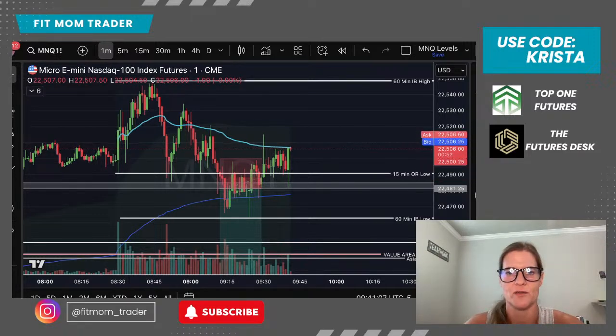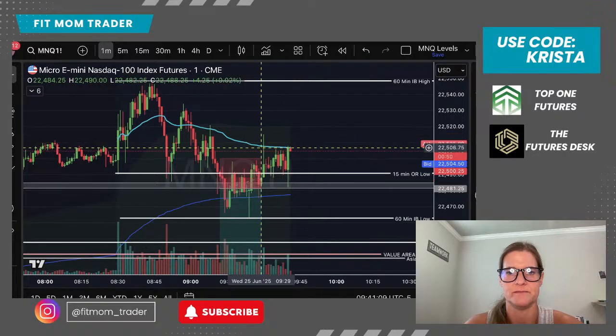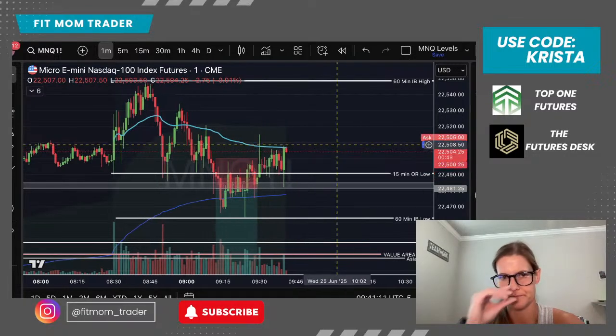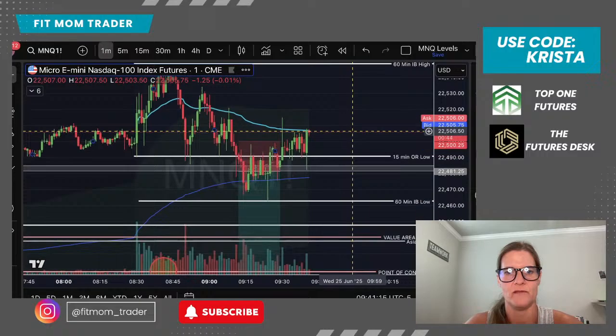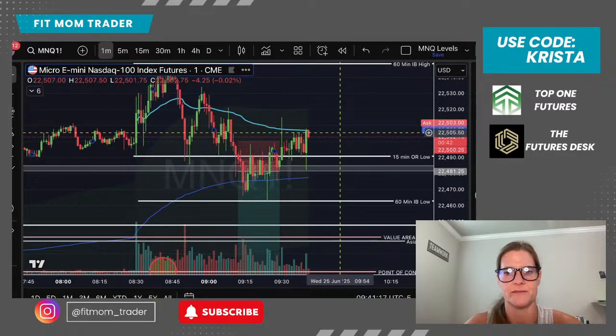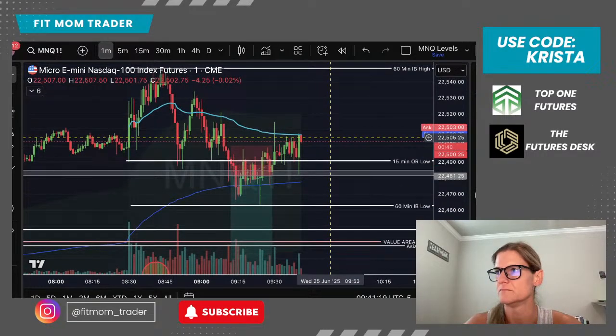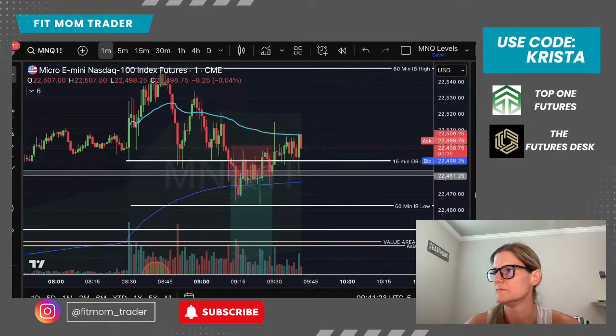Coming back up to New York anchored VWAP, getting a little bit of a rejection. There was pretty good volume on that last 1 minute candle. And then pretty strong rejection.